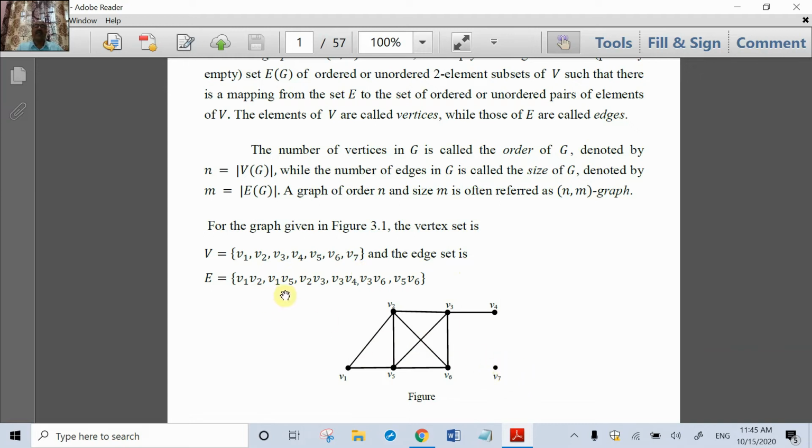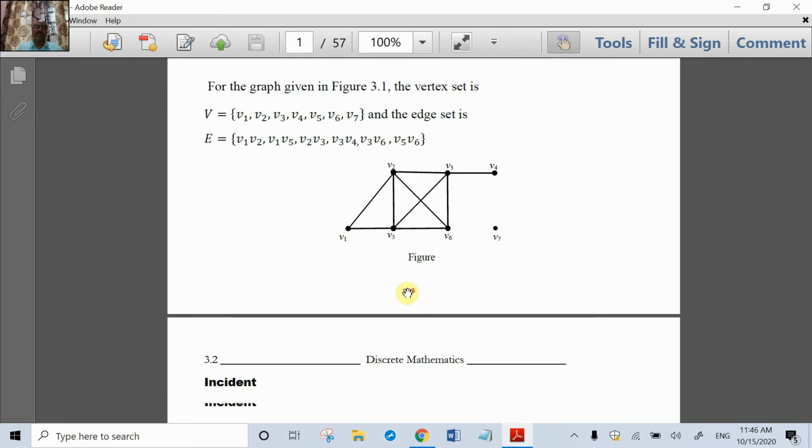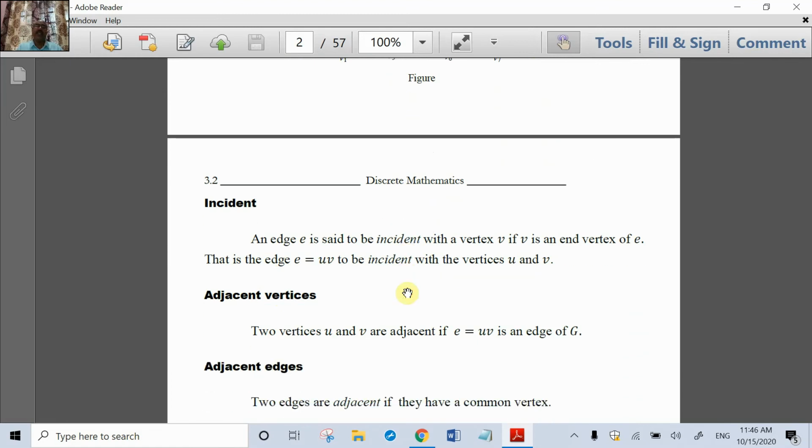Now V1V2, V1V5, V2V3, V3V4, V3V6, V5V6 are called edges of G. Now incident: an edge is said to be incident with a vertex V if V is at the end of the edge E. That is, if E is denoted by UV, then U is incident on V or V is incident on U.